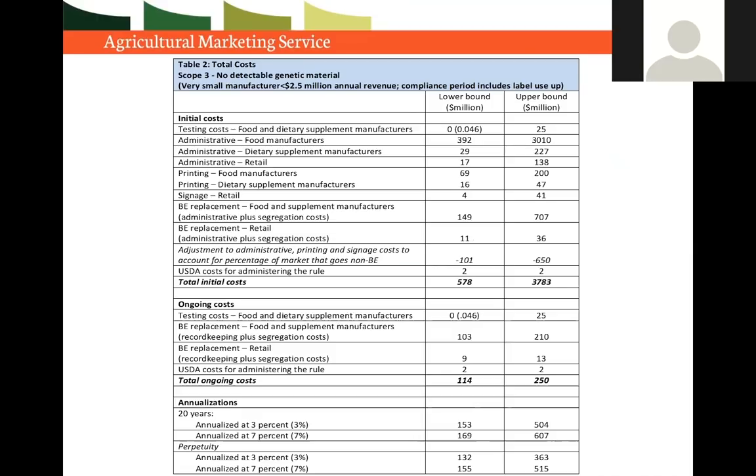The higher administrative costs are due to two observations. First, administrative costs are incurred by manufacturers whether they eventually label or not. Second, the shielding effect discussed in the evaluation of Scope 2 plays a bigger role in Scope 3. Scope 3 presumes that all ingredients, except those very closely tied to the BE crop, for example, flours, raw crops, and unprocessed oils, and ingredients where the ingredient list is uninformative as to BE status, for example, spices and natural flavors, would be subject to test out of the disclosure requirement.